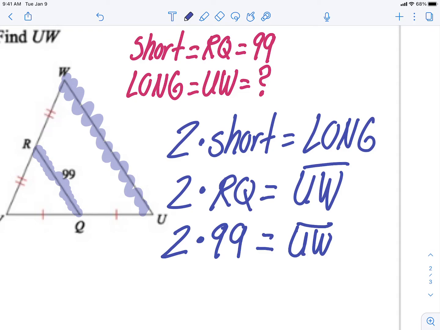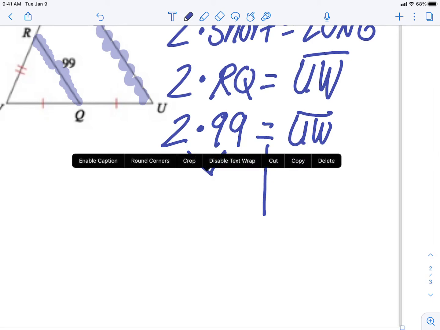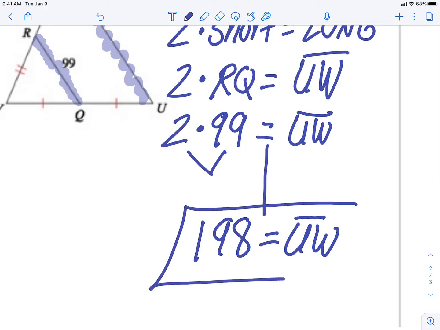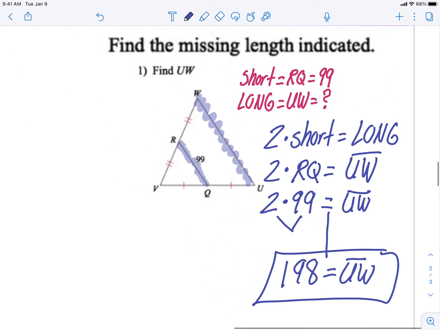And now, let's just do the math. Right? 2 times 99 is 198 is equal to UW. And there you go. Look at that. That's our solution right there. Right?